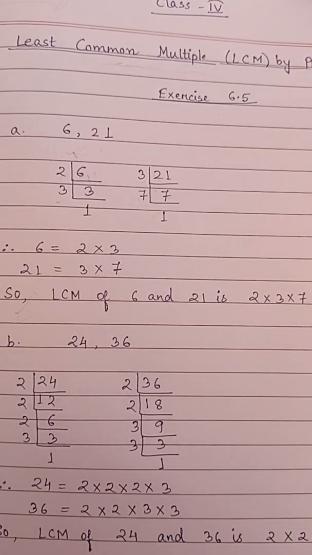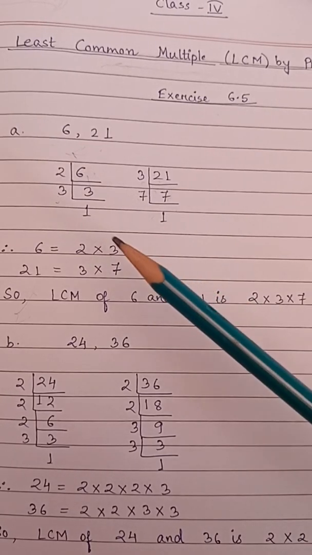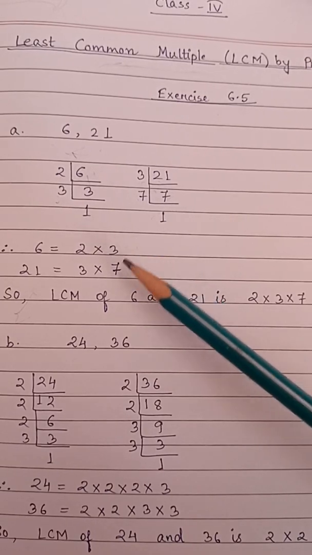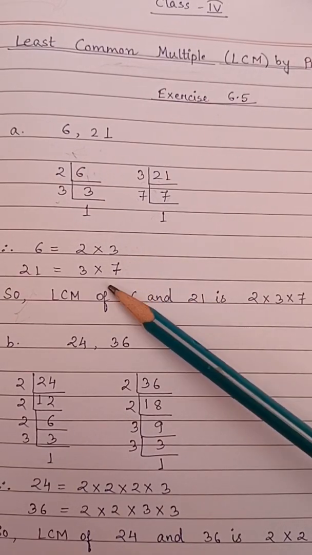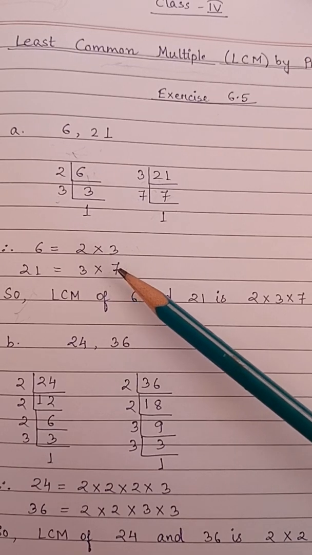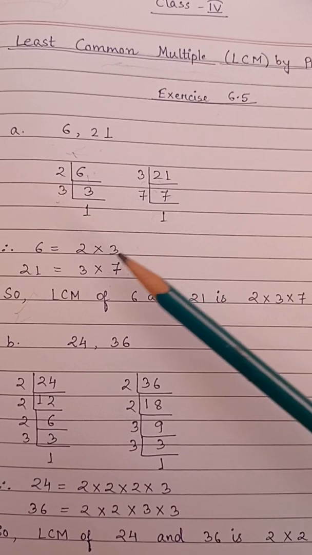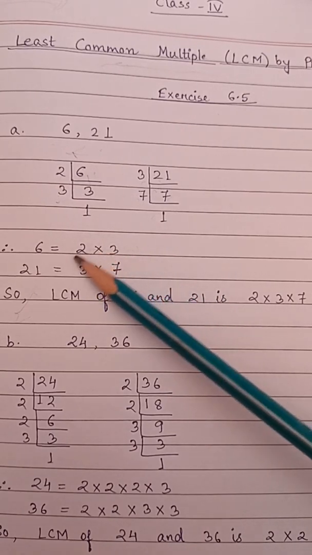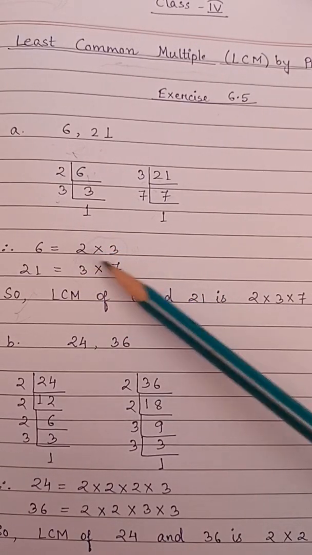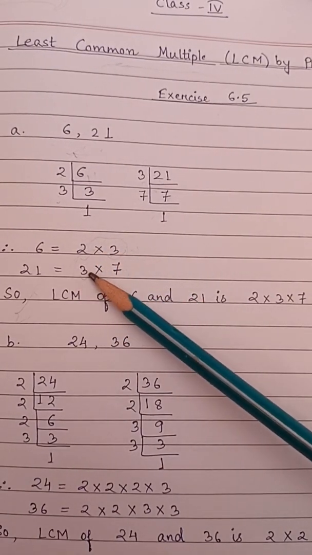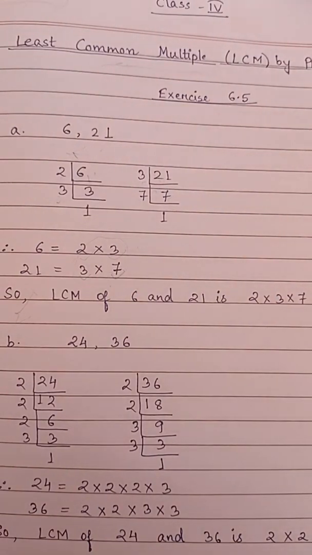Now the next step, that is the second step, is you have to collect from these two sets of prime factors the largest number of occurrences of each prime factor. Here the prime factors are 2, 3, and here 3 and 7.